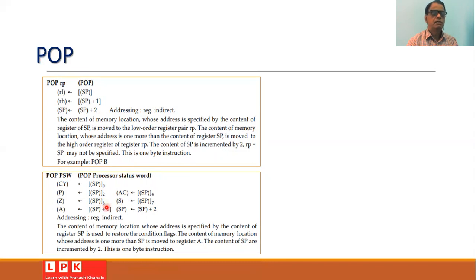The bit number 6 is shifted to the zero flag, and the bit number 7 is shifted to the sign flag. And also the content of the memory location whose address is specified by the stack pointer plus 1 is shifted to the accumulator, and the content of the stack pointer is incremented by 2. So this instruction is also a 1 byte instruction.